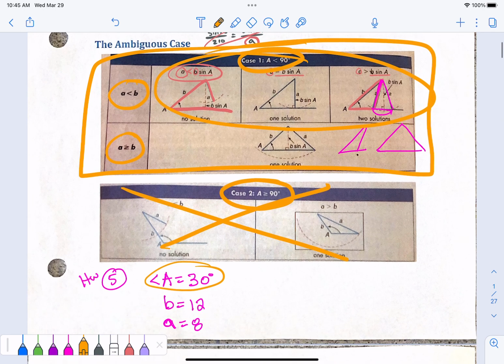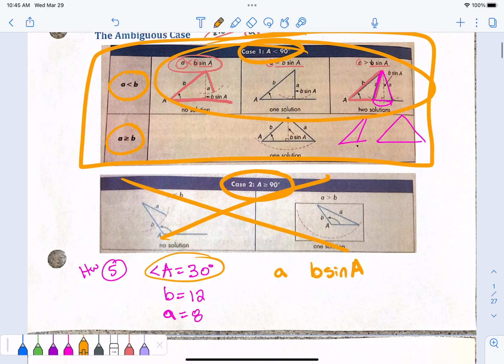I want to compare a and b times sine of capital A, right? So little a is 8, b is 12, and the angle is 30, sine of 30. What is that relationship? Somebody for me real quick, take 12 times sine of 30. 6, exactly. So we have this thing happening, that's less than.